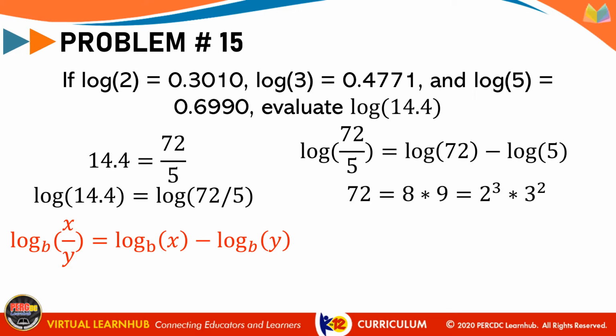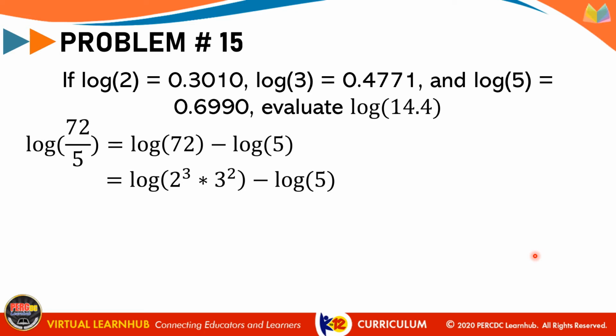But we know that 72 is equal to 8 times 9, and we need to express it as a product of a combination of 2, 3, and 5. We can express 8 as 2 cubed and 9 as 3 squared. Therefore, we have log of 2 cubed times 3 squared minus log of 5.